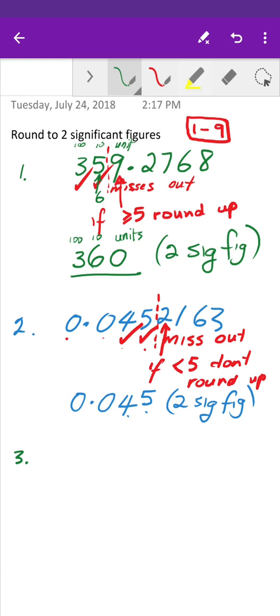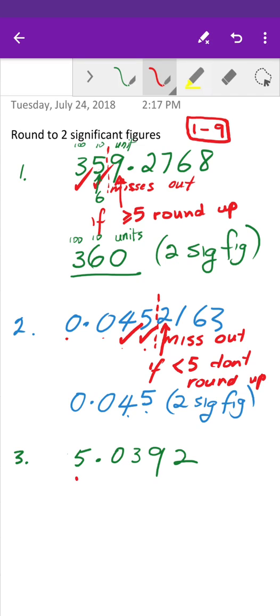And let's do, say, 5.0392, and let's look at the significant figures.